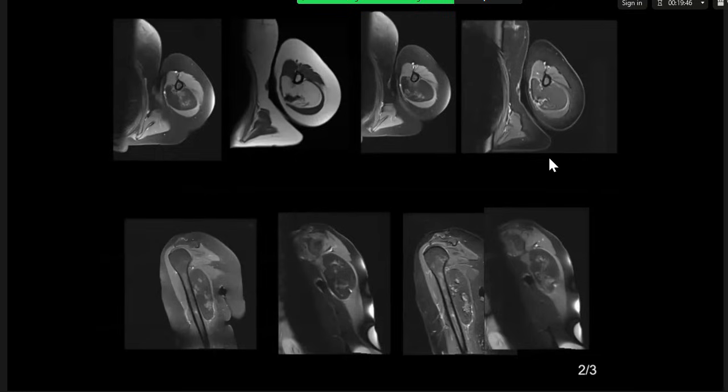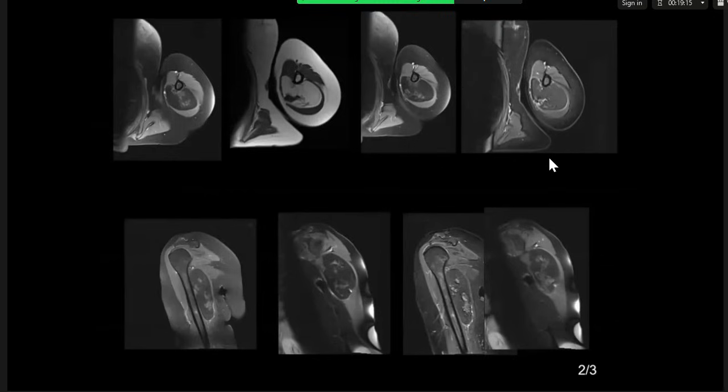This contains quite heterogeneous tissue of various signals. A large part of it is hyperintense on the T1 and saturates out on the fat saturated sequences, consistent with macroscopic fat, but there's also a T1 isointense soft tissue component that appears to be enhancing after the administration of contrast, and some low signal foci, which probably represent the calcification.